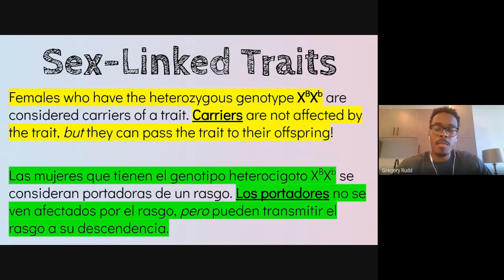So there's also something important that we need to write down, make sure that we have the definition for, and that's called a carrier. Carriers are females who have the heterozygous genotype. This means that they're not actually affected by the trait. They don't have the trait, but they do have a recessive allele, so they can pass it on to their offspring.